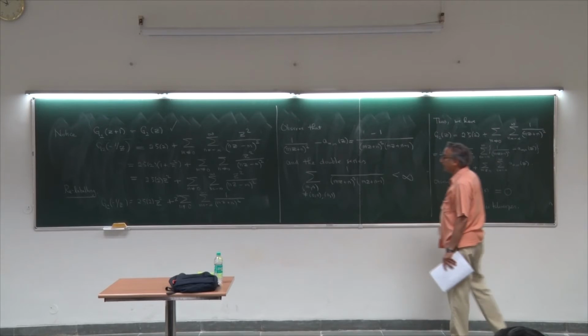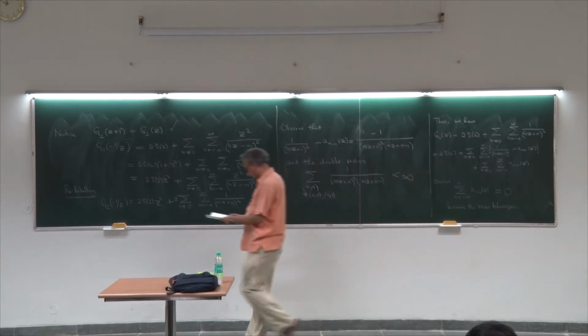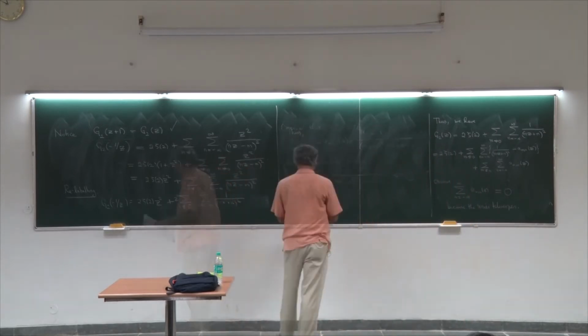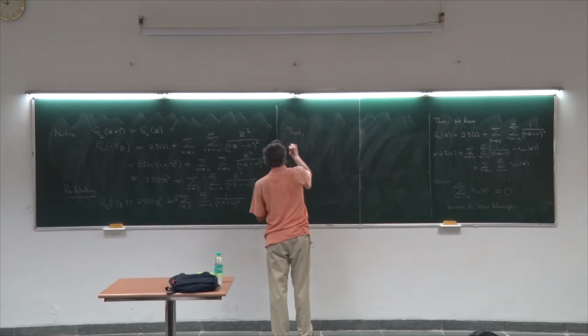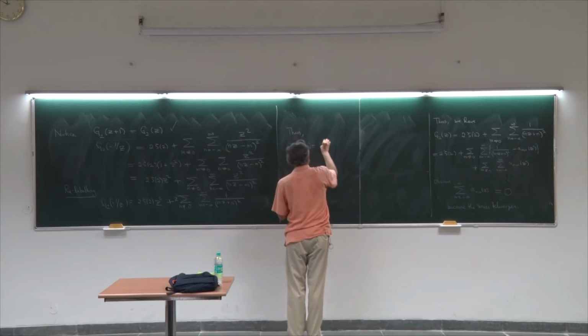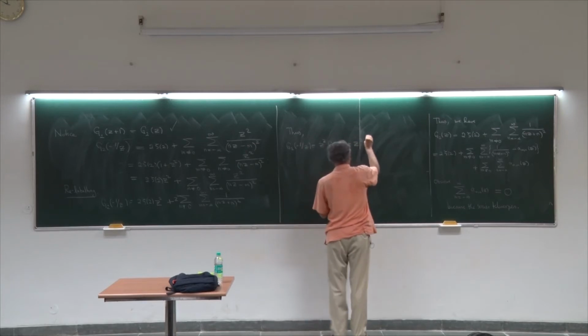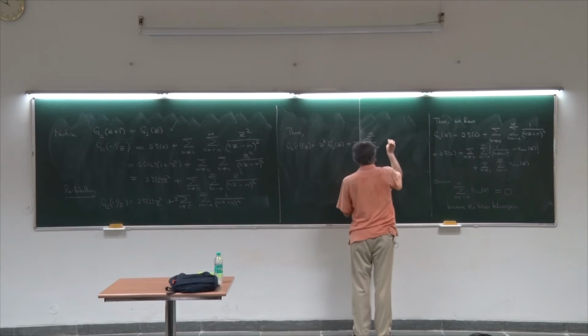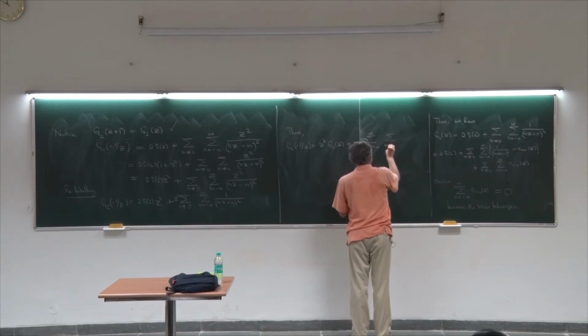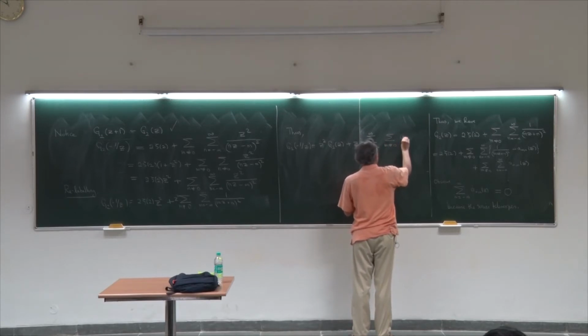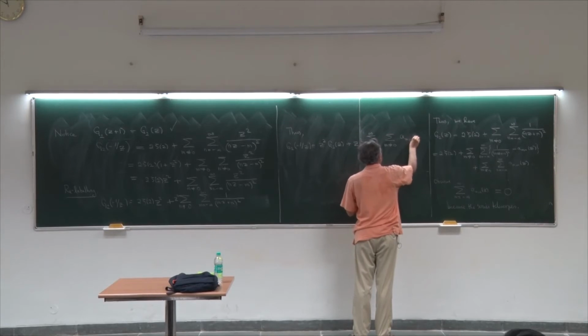And so I see that this can be rewritten: g2 of minus 1 over z is equal to z squared g2 of z plus z squared times the summation over n from minus infinity to infinity, m not 0, of a sub m n of z.